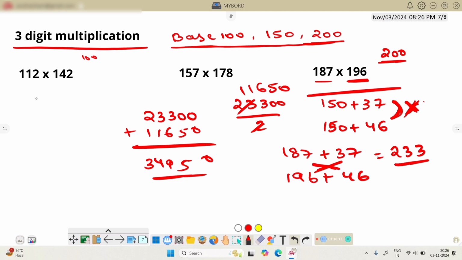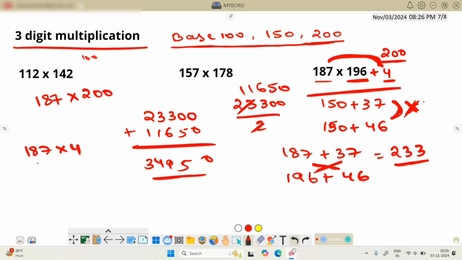So you multiply 187 into 200, and for 196 you are adding plus 4, no, you just subtract 187 into 4. Take 187 into 4, and subtract that answer, so you will get the correct answer.